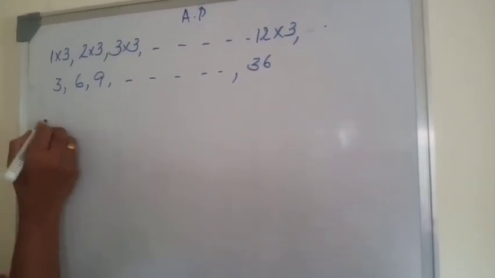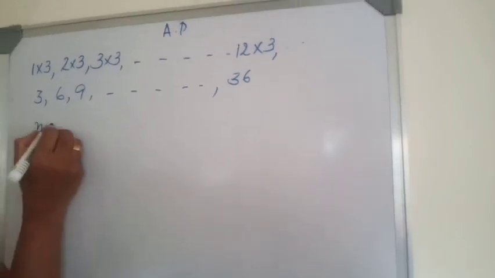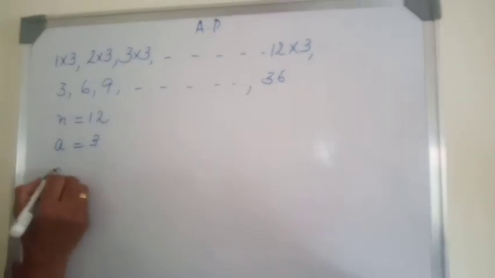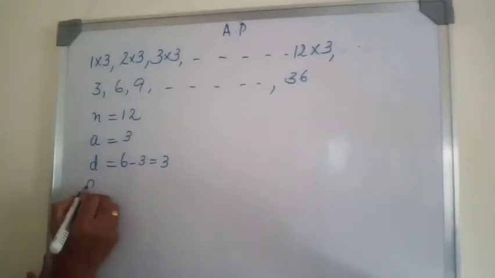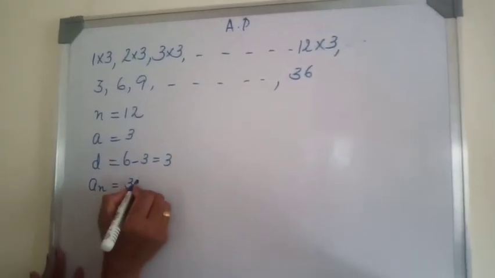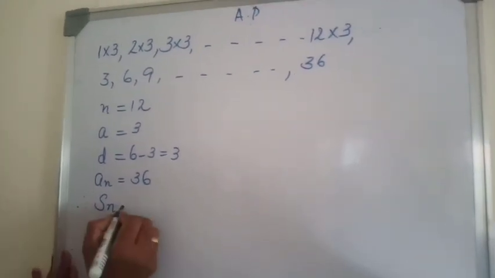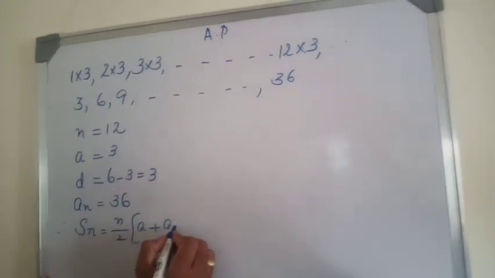So here, how many classes are there? 12 classes. So N is equal to 12. A is equal to 3. D is equal to 6 minus 3. It is 3. 36 is AN. AN is equal to 36. So, therefore, total plants SN is equal to N by 2 into A plus AN.